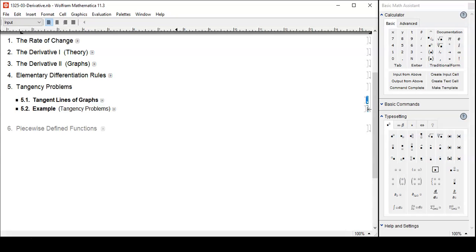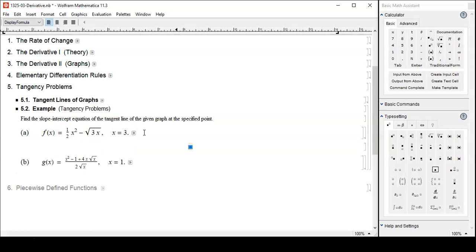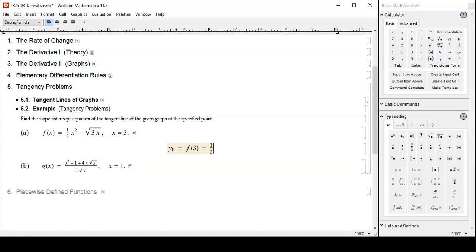Am I making sense? Well, I hope to make a little bit more sense through our example problem, and here we go. Step 1, plug in x equals 3, and that's going to give me the y0 value. And this is, well, you figured it out.